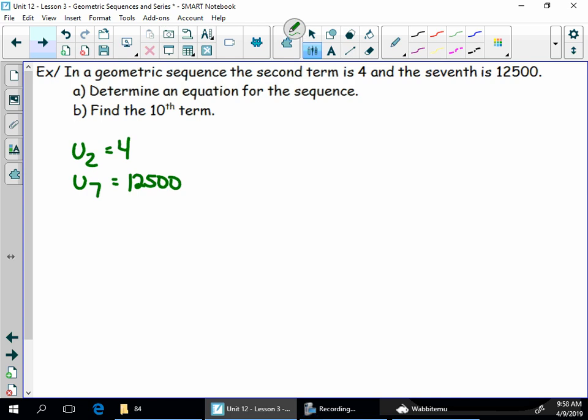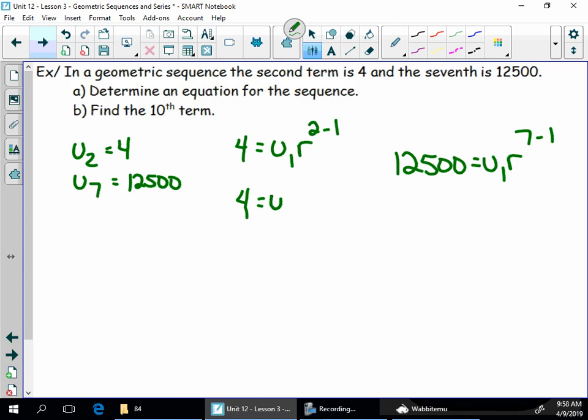So equation number 1, 4 equals U1 times R. I don't know either of those things, but I know that n is 2. And the other equation is, I know the term value. I don't know U1. I don't know R, but I know the exponent is 7 minus 1. If I simplify these both, well, 1 here, I don't really have to show the 1, but there is a 1 there, and 12,500 over here, I get R to the 6.